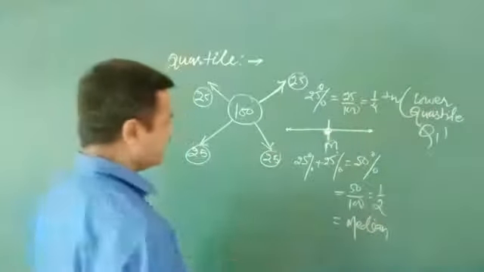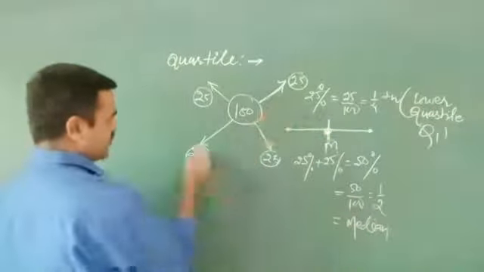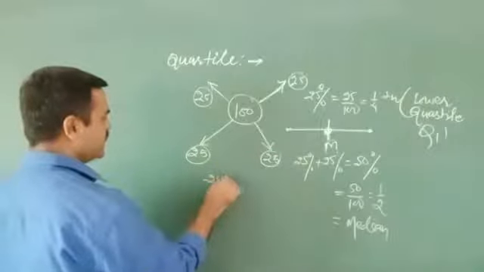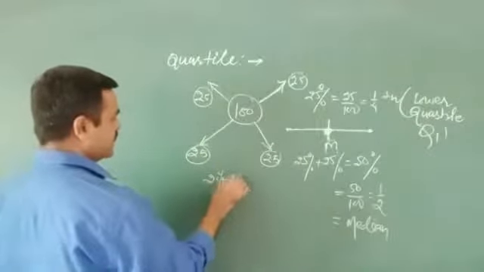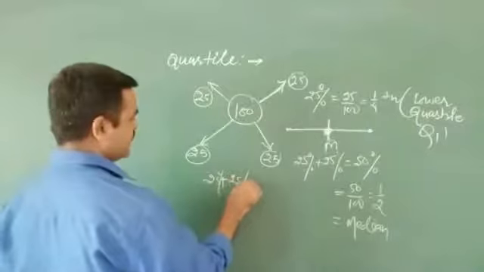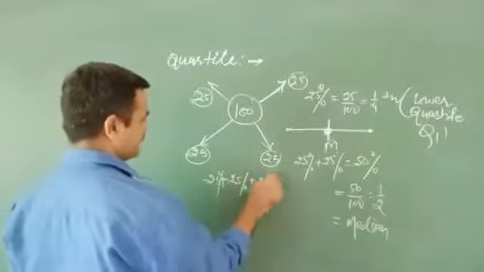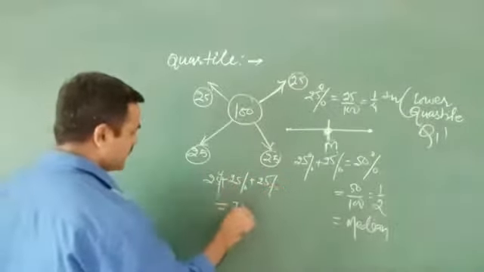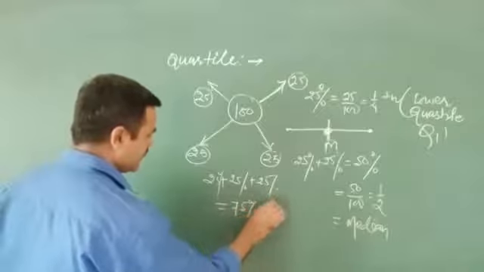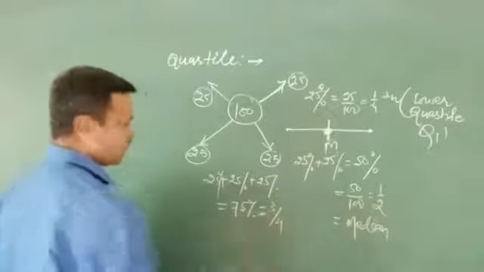50% is the median. Now sum these three. 25% plus 25% plus 25% equal to 75%. If you will convert, this is 3/4 in fraction.